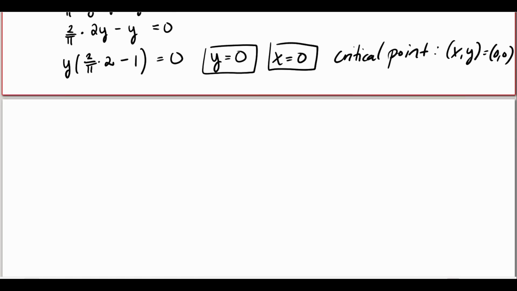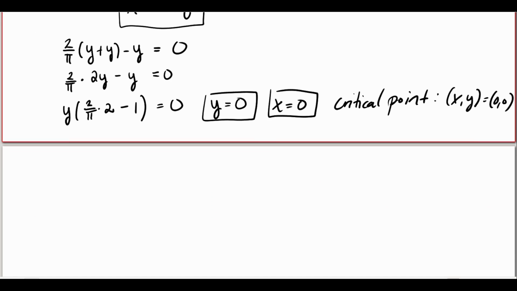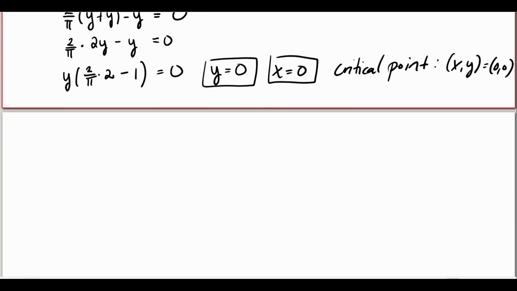So the next step is to determine if this critical point is a minimum point. If this point is a minimum point, that means that the function d has a global minimum, because we have one critical point. So all other points close to this 0, 0 point are larger than this critical point.